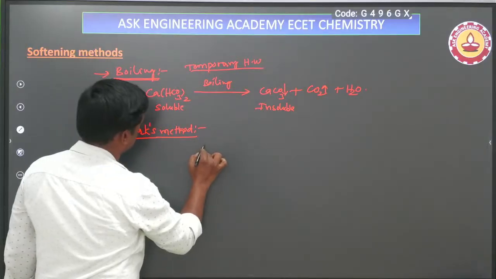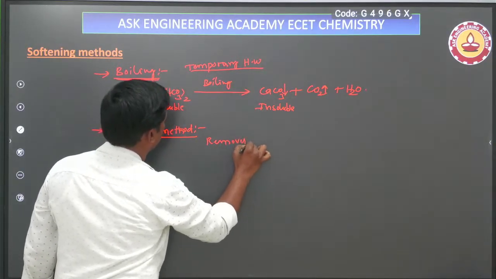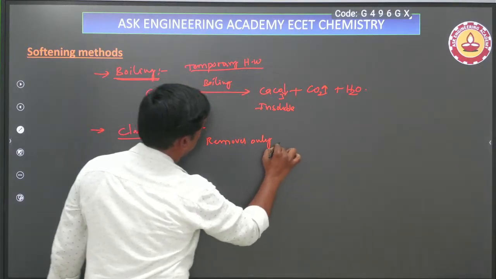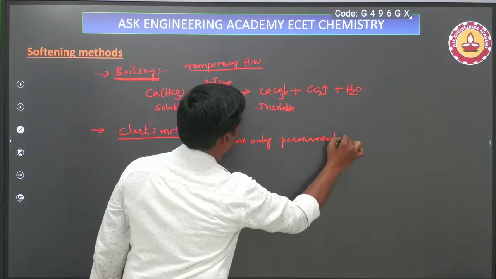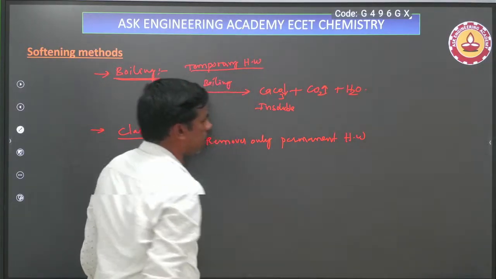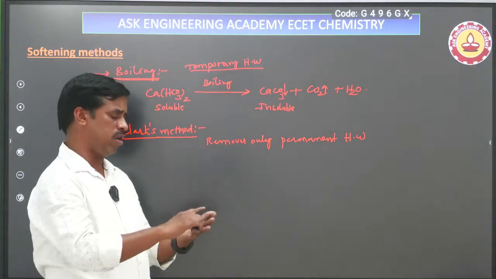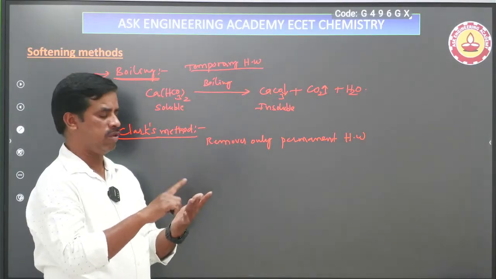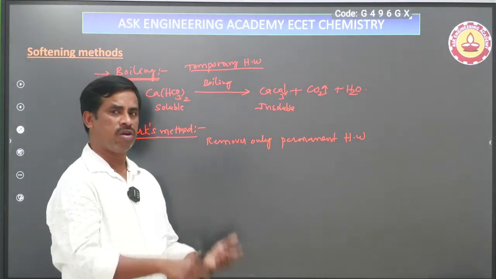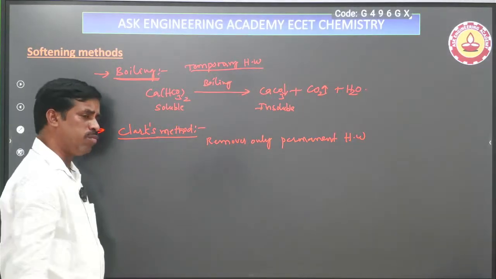Clark's method removes only permanent hardness of water. What are the salts responsible for permanent hardness of water? Chlorides of calcium and magnesium, nitrates of calcium and magnesium, sulfates of calcium and magnesium, etc. Clark's method is very simple.